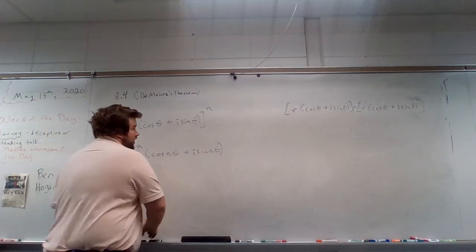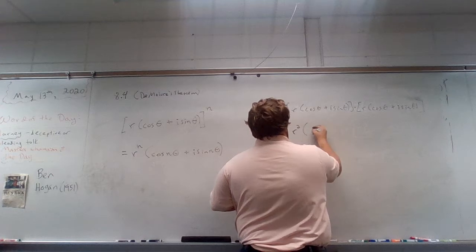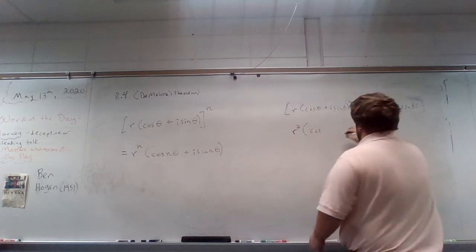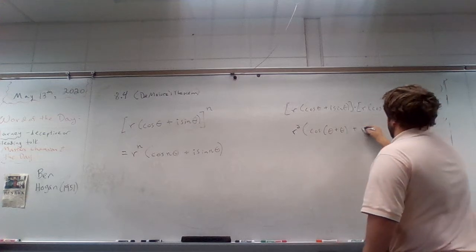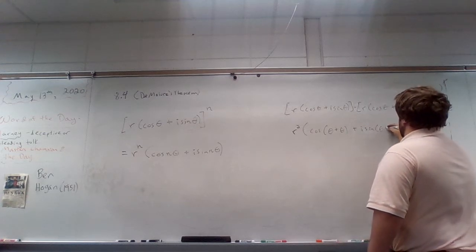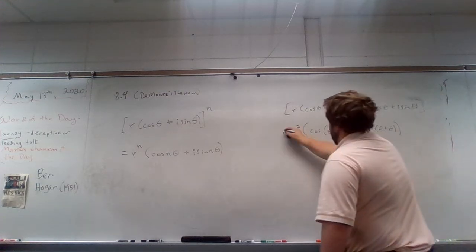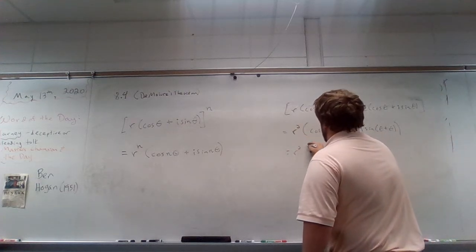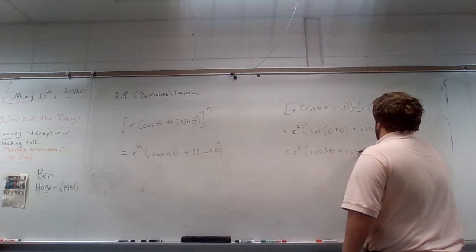Because according to the product theorem, I would do r times r, that would be r squared. And then I would do cosine of, say, theta plus theta. Before they were different angles, here they're the same, plus i sine of theta plus theta. So if I think about what that is, that's actually r squared cosine of 2 theta plus i sine of 2 theta.